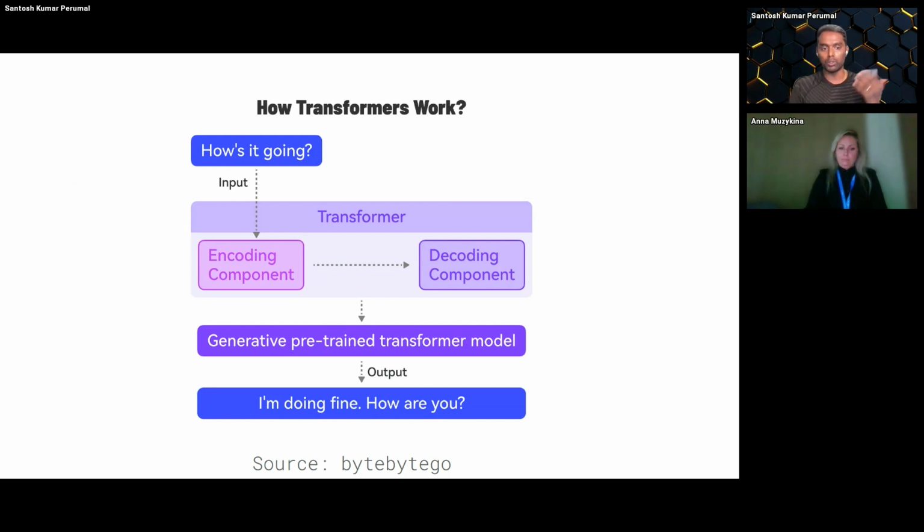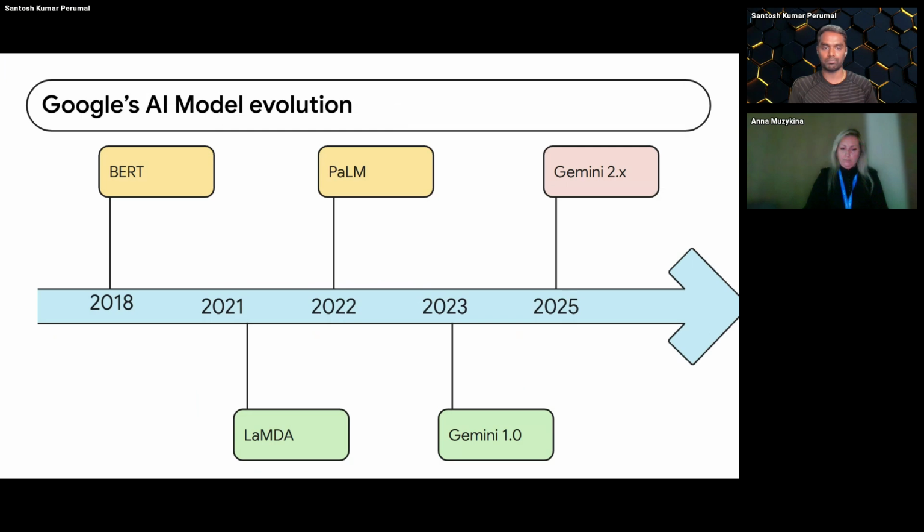They mainly help you to encode and push the input to the pattern or the algorithm, which gives you the results, and later you get the output from the decoding component. So I'm not going to deep dive into it, but just keep in mind transformer architecture is widely used across the foundational models.